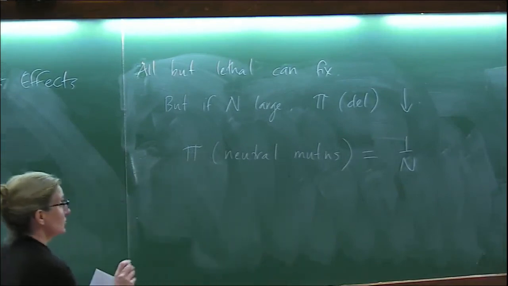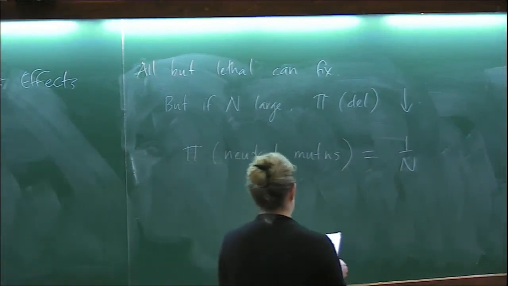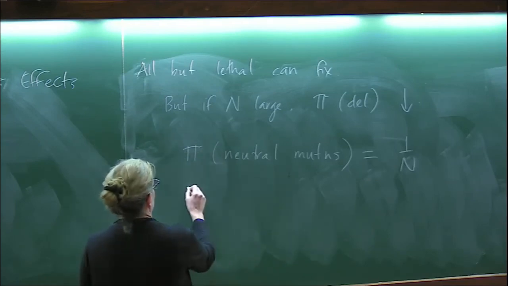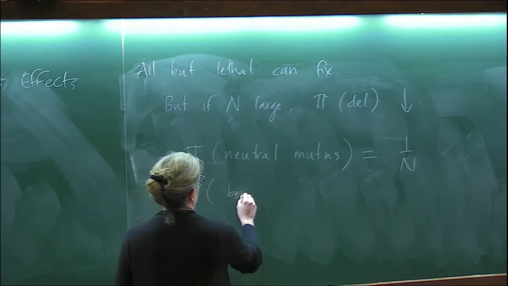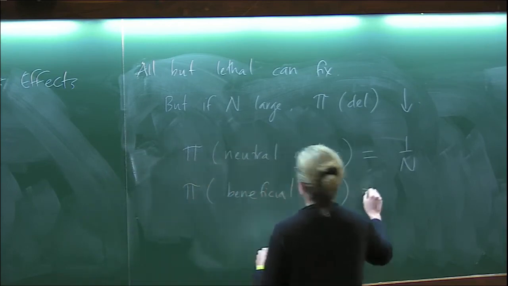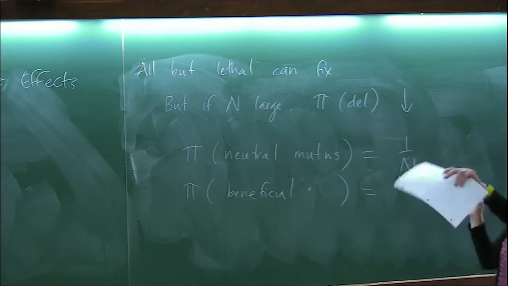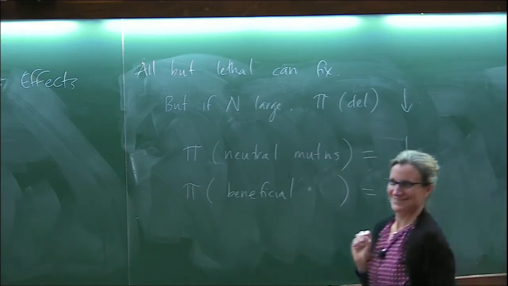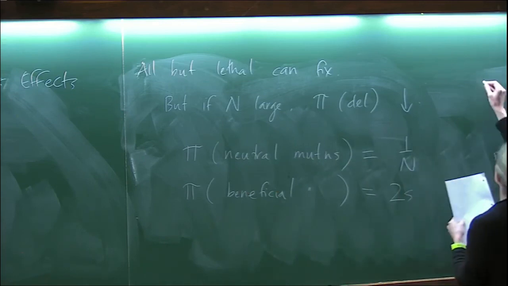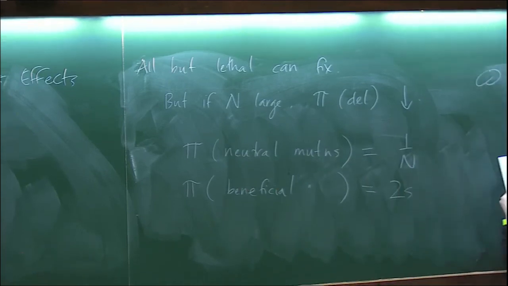Okay. So here's one of my last questions for you. First, let's write up here again: pi for beneficial mutations is 2S, excellent. Then here's the question for you. It's a challenge question, but you can do it.